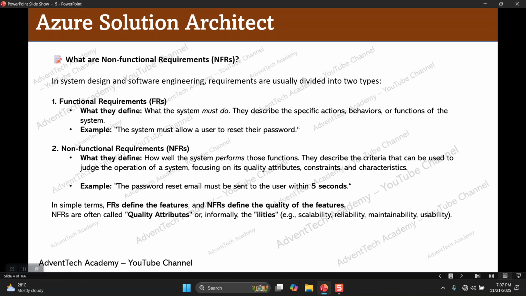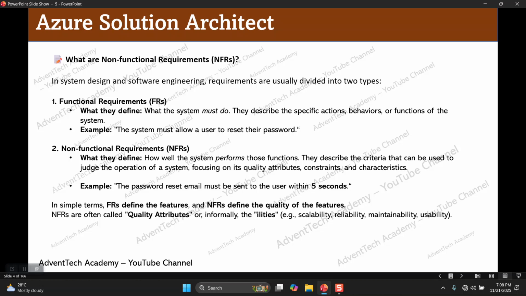If there are any bugs in the application or a new feature needs to be added, that is a functional requirement. If the server is performing very slowly or hanging, that is a non-functional requirement. So it is about how the system is performing. The non-functional requirement describes the criteria that can be used to judge the operation of a system, focusing on its quality attributes, constraints and characteristics.